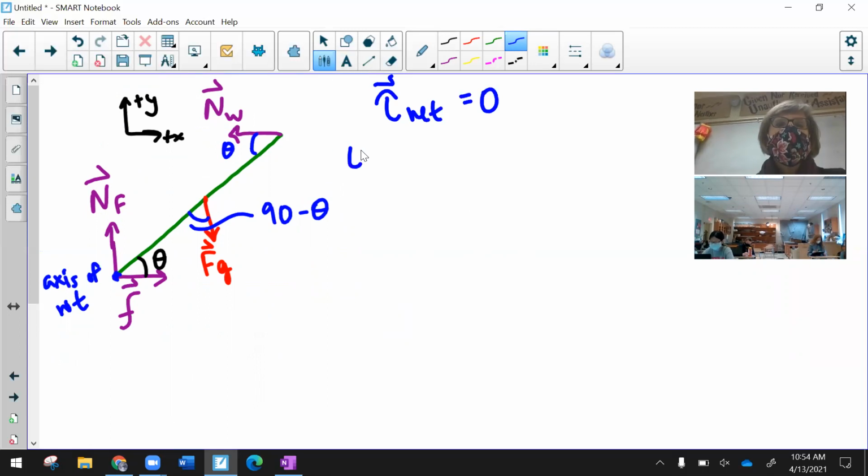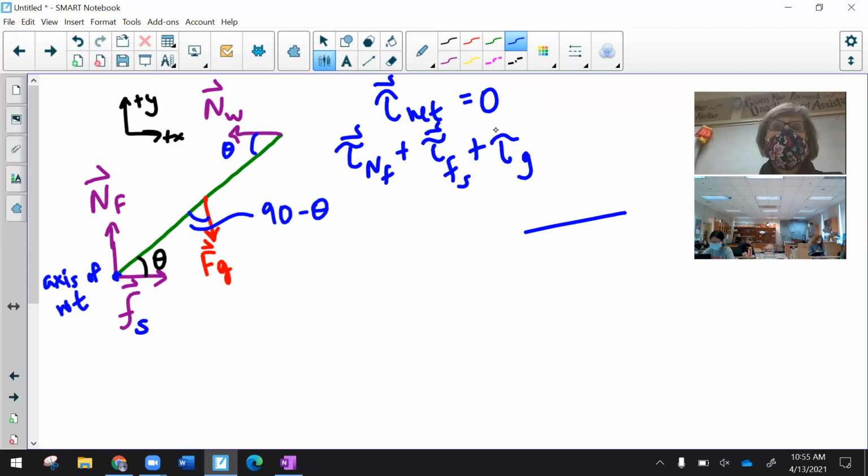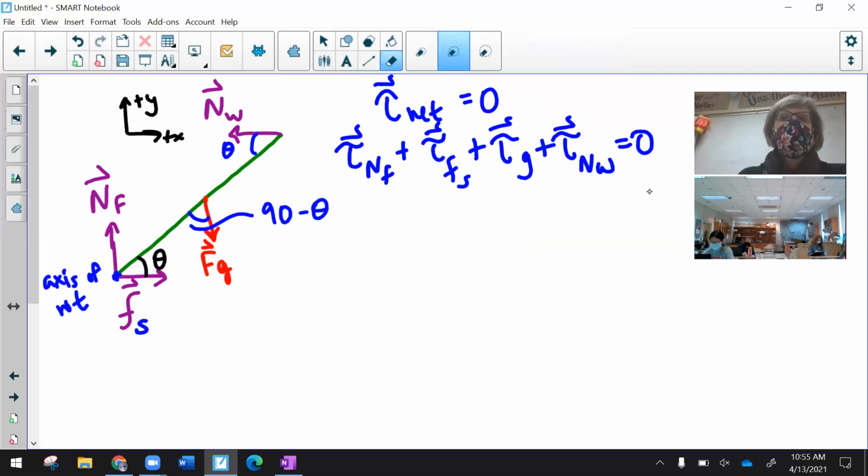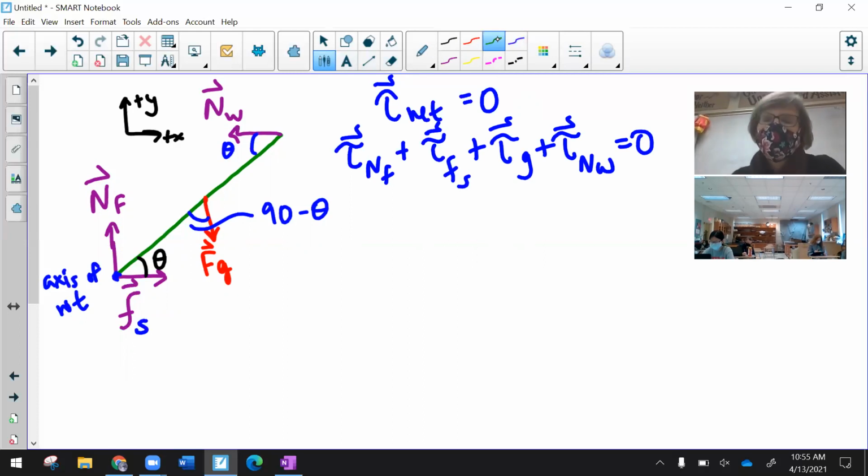But we should still write all of the torques down, even though some of them are going to go away. So I just start at my axis of rotation and go along my object and write down the torque that goes with every force that I have.